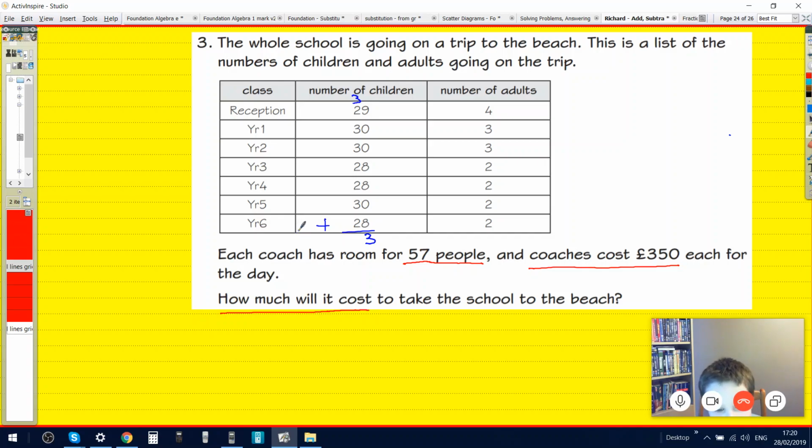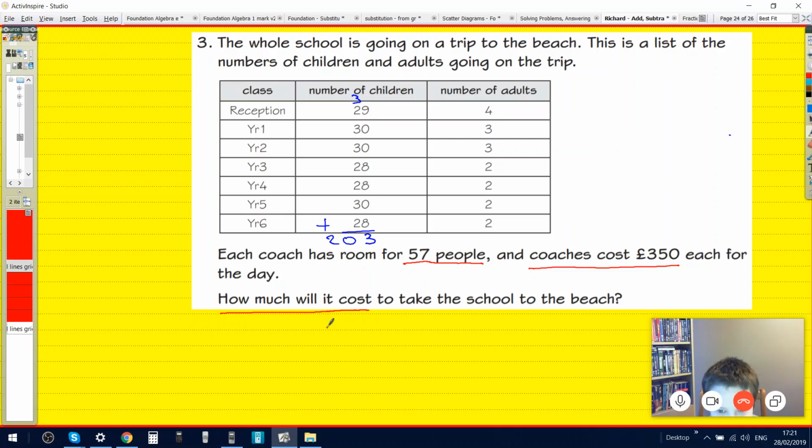Add on another 2, that is 15. Add on a 3, that is 18. And add the 2 is 20. So we get an answer of 203 children in total. So there's 203 children in the school.